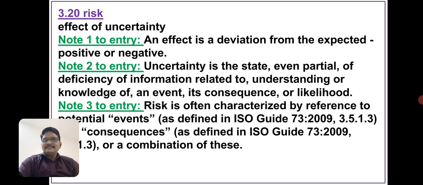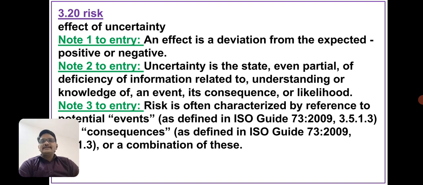Now next is risk. Risk is the effect of uncertainty. It can be positive or negative. A positive effect is a beneficial improvement, and a negative effect is an adverse effect.